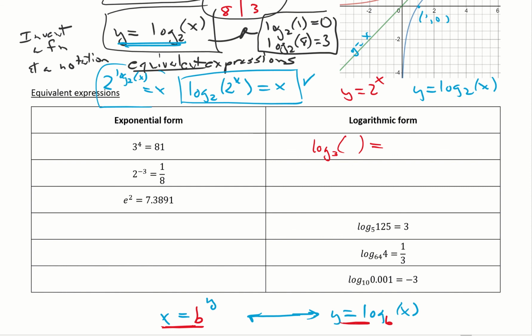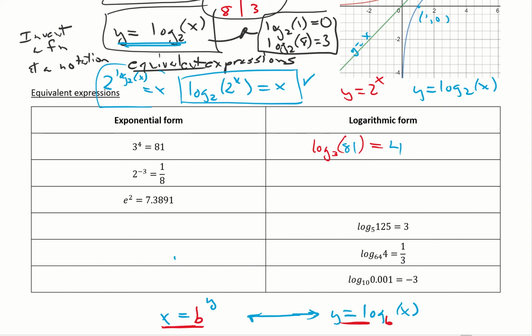Watch this. This exponential will take a 4 and give you an 81. The log will take the 81 and give you a 4. Wild, huh? So remember, logarithms give you powers.